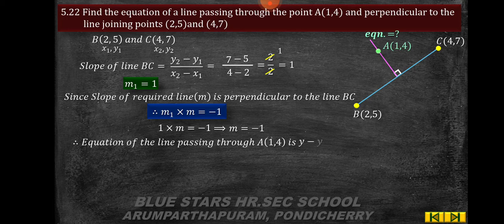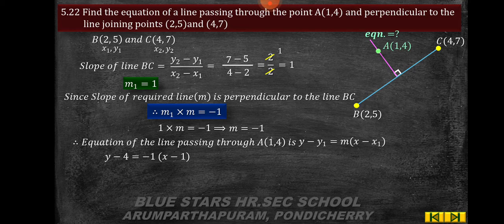Therefore the equation of the line passing through A(1, 4) is y minus y1 is equal to m into x minus x1. Y minus y1 value 4 is equal to -1. Now we found the slope m is -1. So you just substitute the value of slope here, -1 into x minus x1 value.